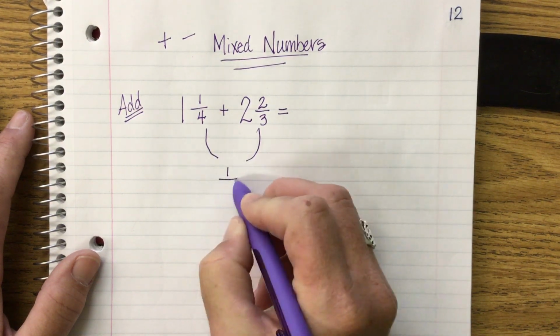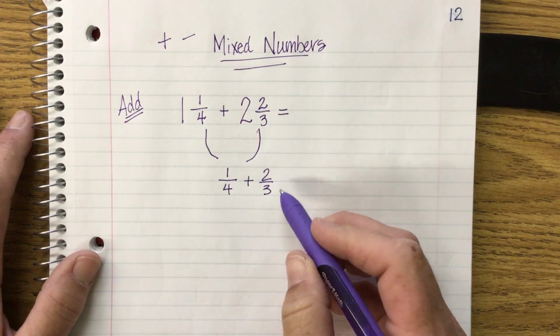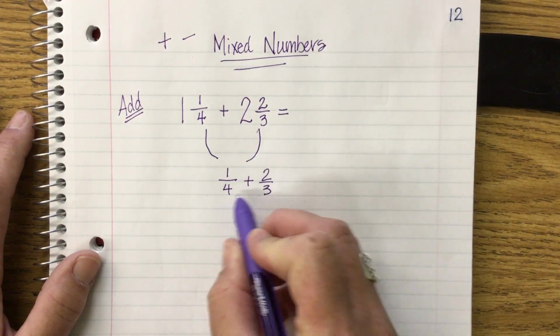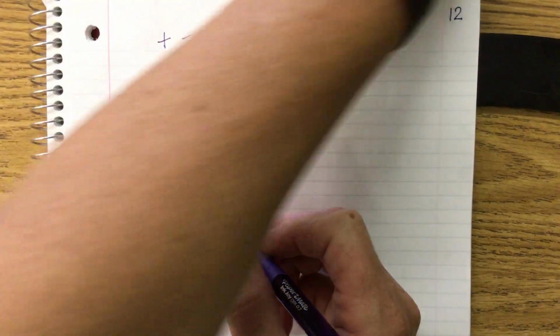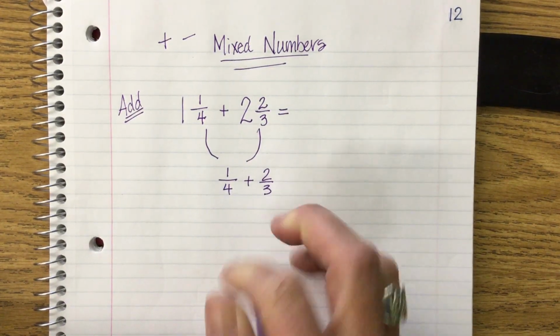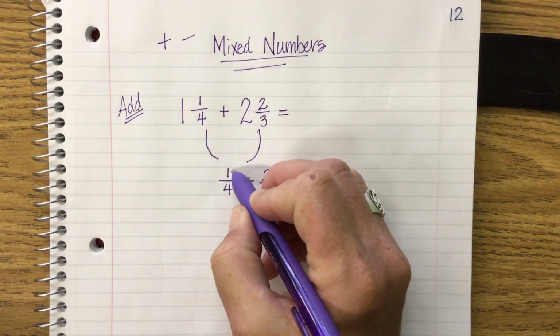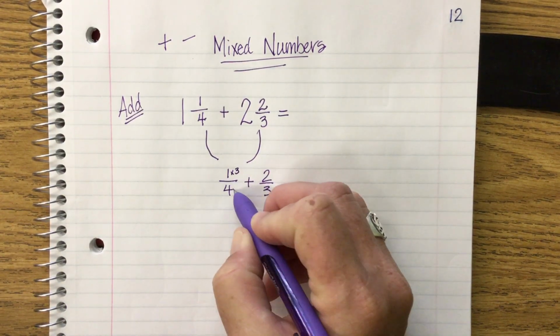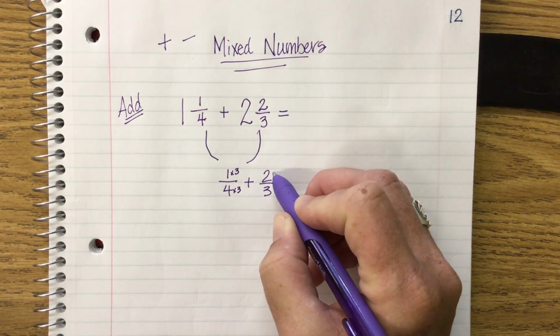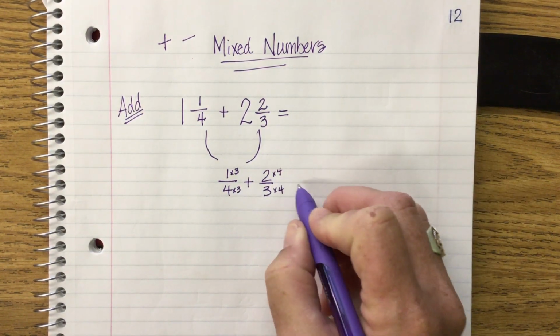So if I have 1/4 plus 2/3, I need to find a lowest common denominator, which is going to be 12. And remember, sometimes you can just take the product of the two denominators. Okay, so I need to multiply the numerator times 3, denominator times 3, numerator times 4, and denominator times 4.